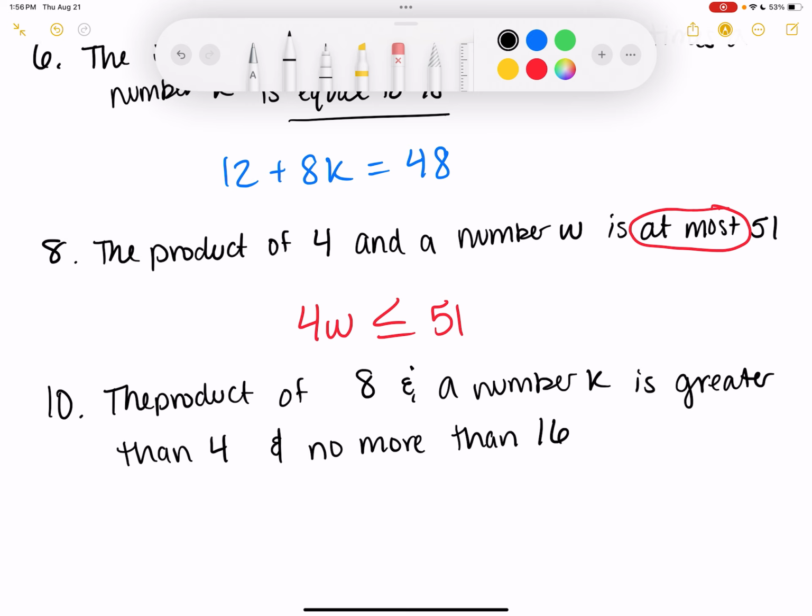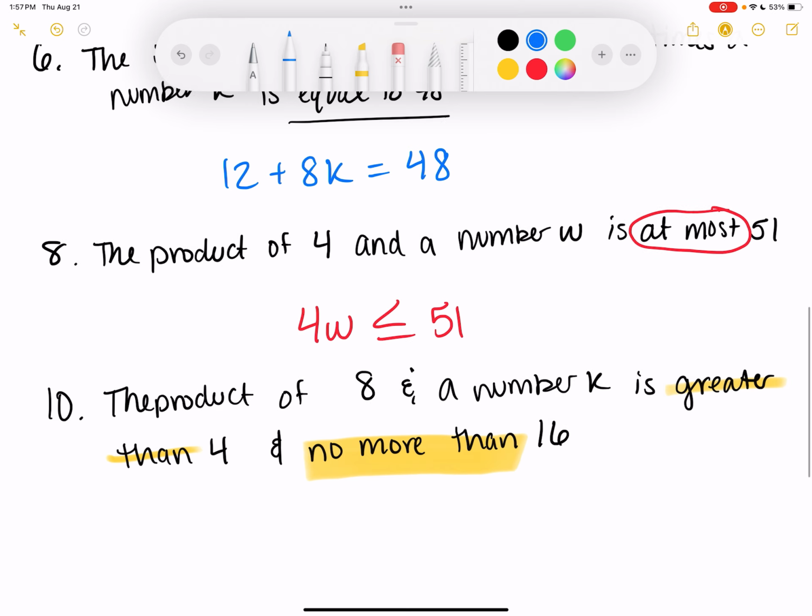So I know that part of it is greater than, but I also know it's no more than. So in this case, I have the product of 8 and a number k, so that's going to be 8k. And I know that's going to go between, right?